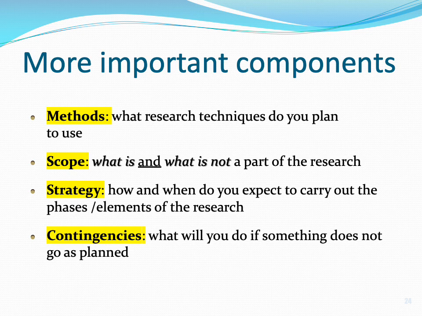More important components. Methods. The how. How are you actually going to conduct your research? Scope. Again, what is and is not a part of your research? Who is in and out of your research? What are the important things that are part of your research project? Strategy. Those are all the different steps you're going to be taking in order to achieve your research. And contingencies are what happens if it doesn't work?